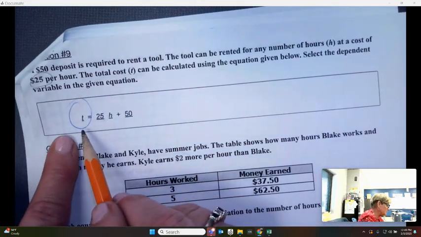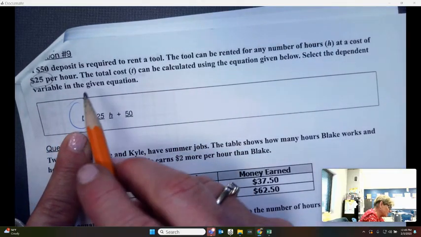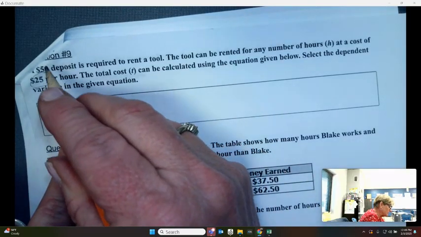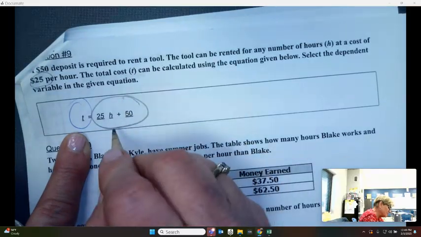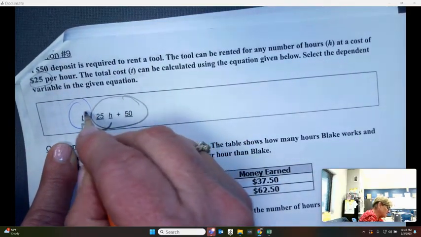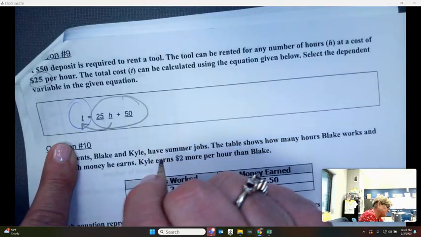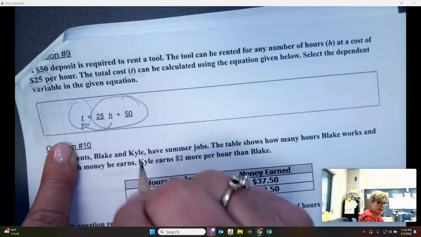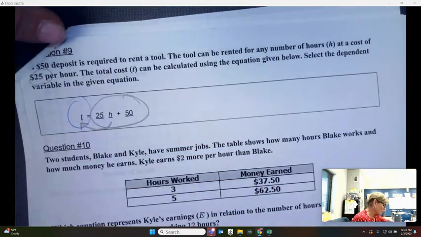Okay, so T is the total cost because you're going to have the rate of 25 per hour plus the $50 deposit. So this is what you do to X to get Y. So T is the dependent variable. The T depends on how many hours you rent the tool for.